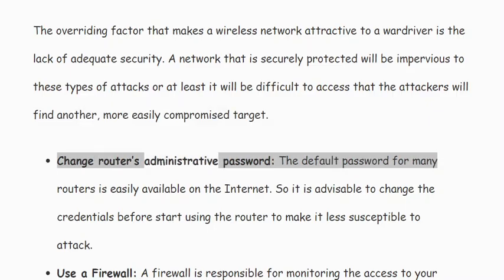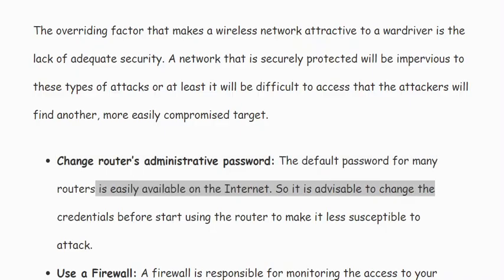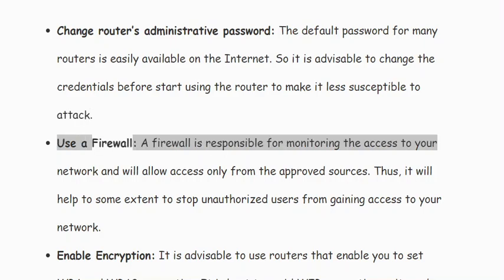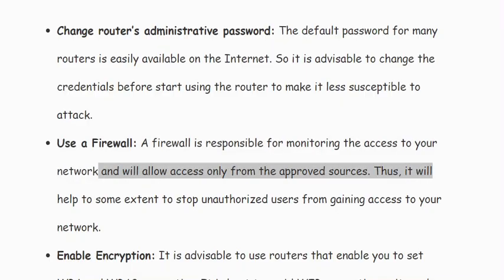Change the router's administrative password. The default password for many routers is easily available on the internet, so it is advisable to change the credentials before you start using the router to make it less susceptible to attack. Use a firewall. A firewall is responsible for monitoring the access to your network and will allow access only from approved sources.